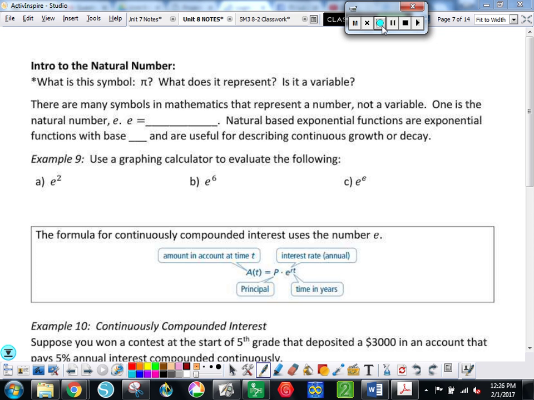So if you go second ln, you should get the e, right? And if I want to know what e equals, do e to the first power, what do we get? 2.7, 1.8, and it goes on kind of ugly, right?